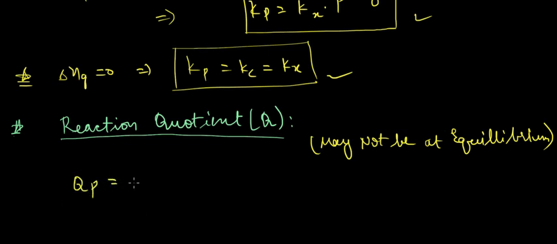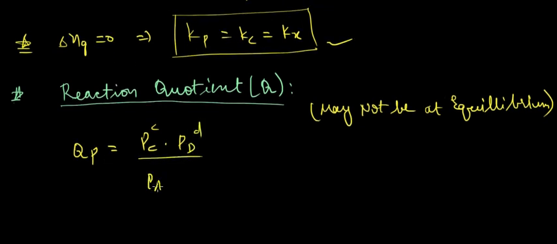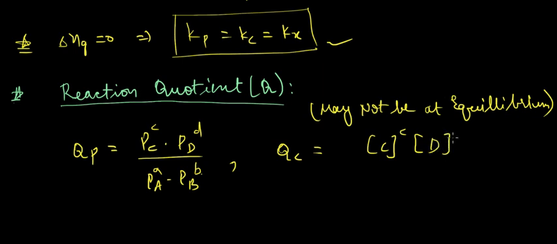Qp is nothing but Pc to the power c multiplied with Pd to the power d, over partial pressures of A and B respectively raised to their respective powers, and Qc would be again the same thing. But note here that Qp would be equal to Kp if the reaction is at equilibrium. Similarly, Qc would be equal to Kc if the reaction is at equilibrium. So this is at any point of time in the reaction.